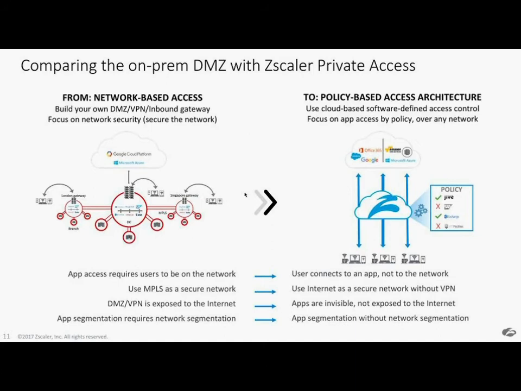So you can absolutely transform your network from a network-based access, where you have to provision DDoS protection, IDS, IPS, multiple ingress points, using your MPLS network to control access and pass data between different data centers, to start to use a policy-based architecture to identify which is the best route to this application.